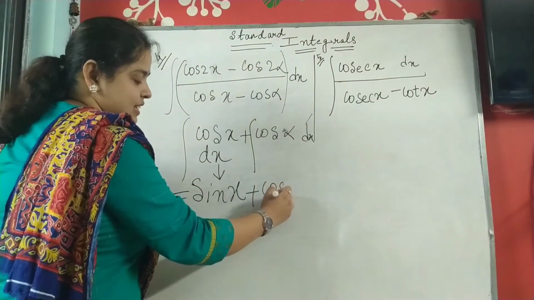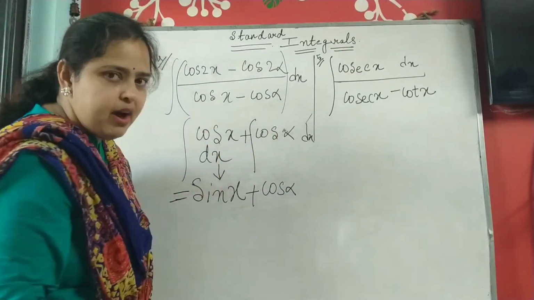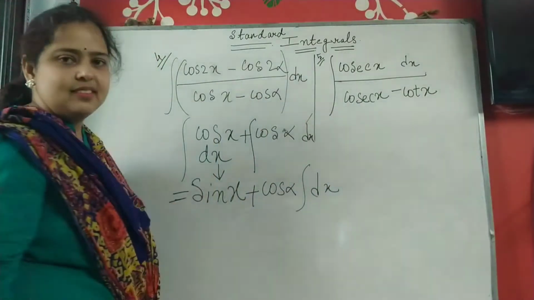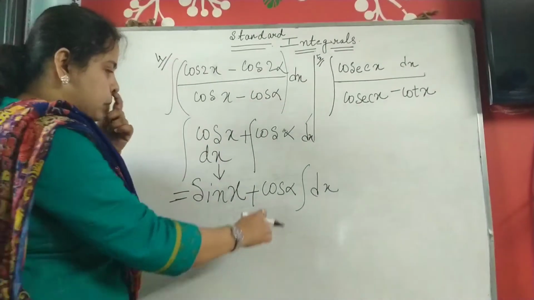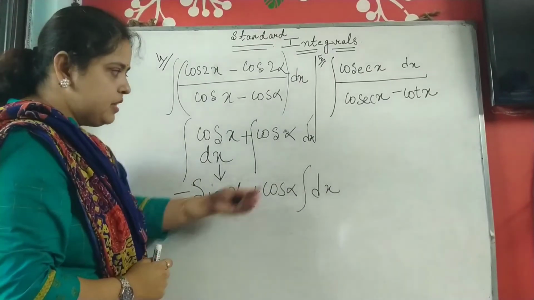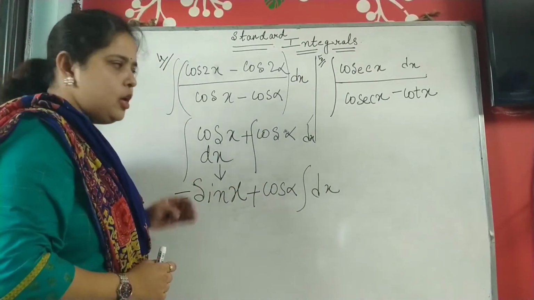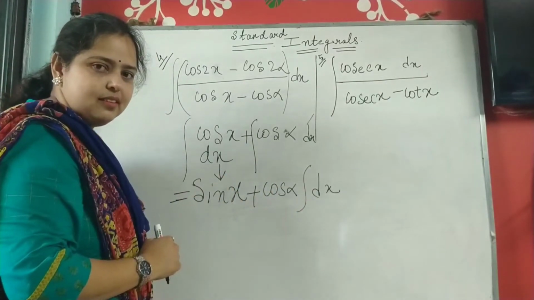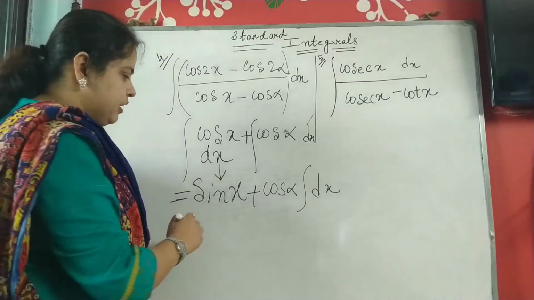So this is to be kept in mind. This is a constant. Okay. So this is a constant which is coming out from the integration part. So this is only integration of dx. I hope it is very clear to everybody.